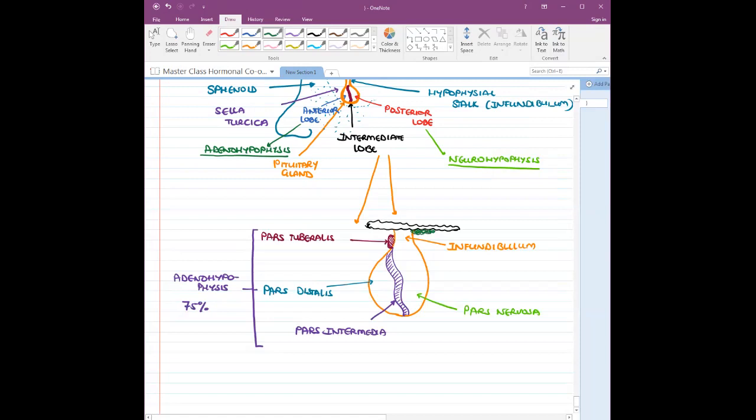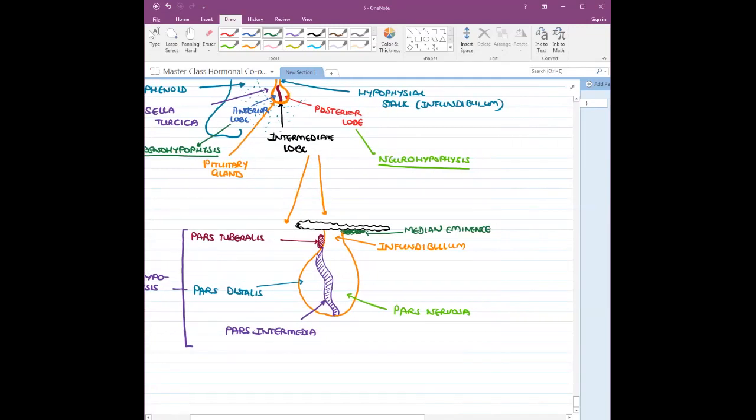This swollen portion, guys, we call median eminence. Okay, so this becomes median eminence. And all these three, guys, are going to form your neurohypophysis. Neurohypophysis is going to account for only 25% of your entire pituitary.